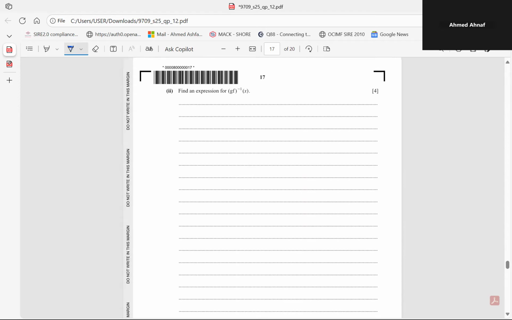Okay, so here we're going to have to find an expression for gf inverse x. In case you are getting confused, this is just the inverse of gf x. So it's the inverse of a composite function.